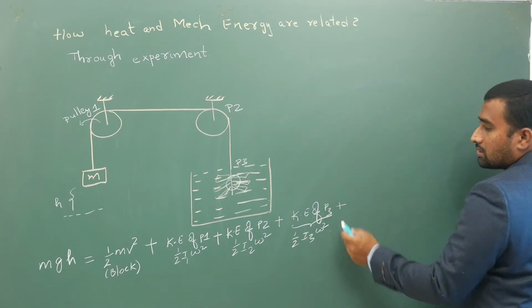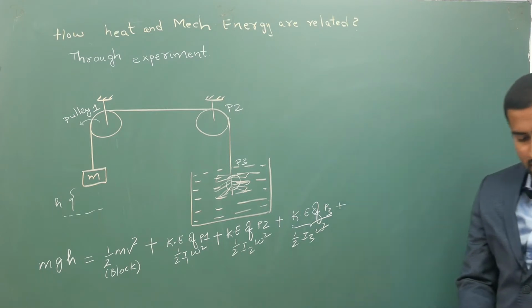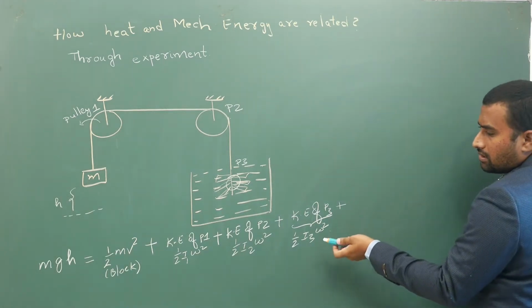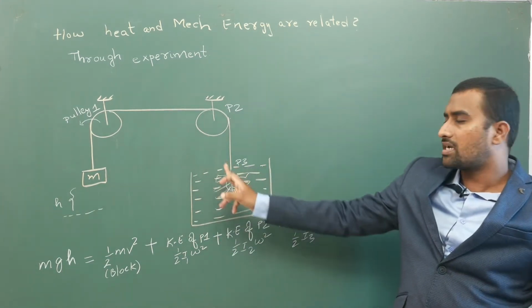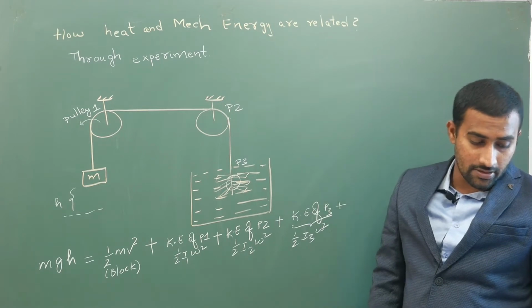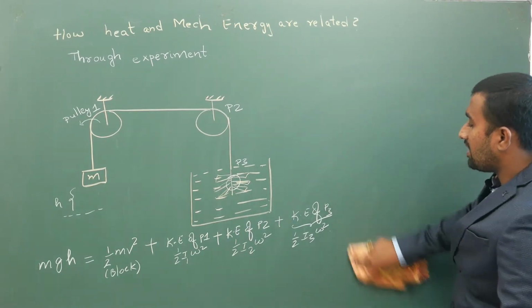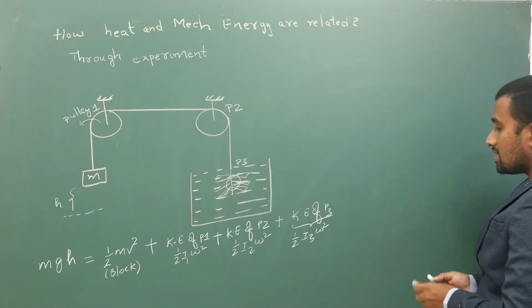The last important point is, we have written everything. We have considered pulley 1's kinetic energy, pulley 2's kinetic energy and pulley 3's kinetic energy. Now once this is done, if energy conservation is valid, then this equation is correct.